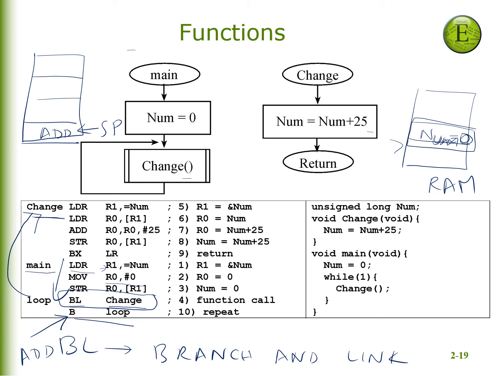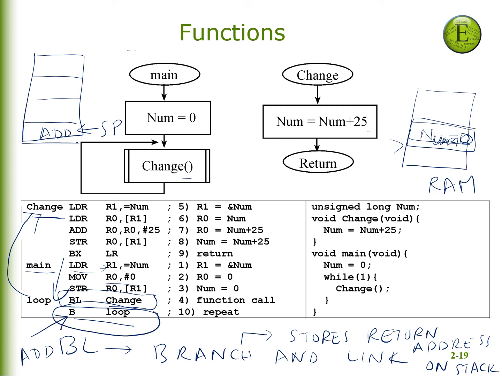So the branch and link stores the return address on the stack. And what is the return address? The address of the next instruction to be executed once the function has finished executing. So on top of the stack we now have this return address.